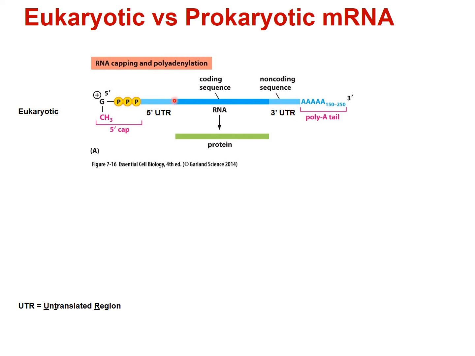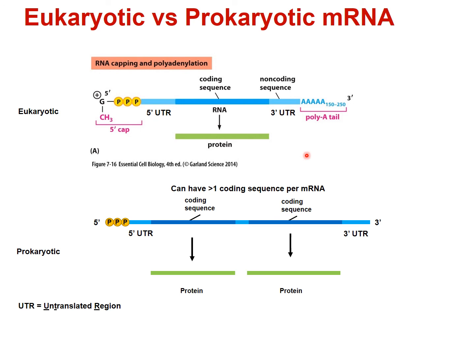These can have sequences that are important for regulation of this messenger RNA. They don't encode protein; they're untranslated, called that for a reason. The translation for this protein would start in this darker blue portion, and a protein would be made from this portion of the RNA. And then these mRNAs have a poly A tail on the 3' end.